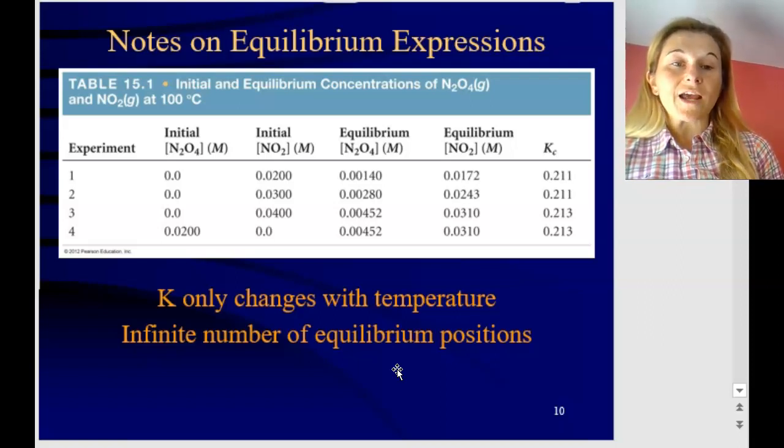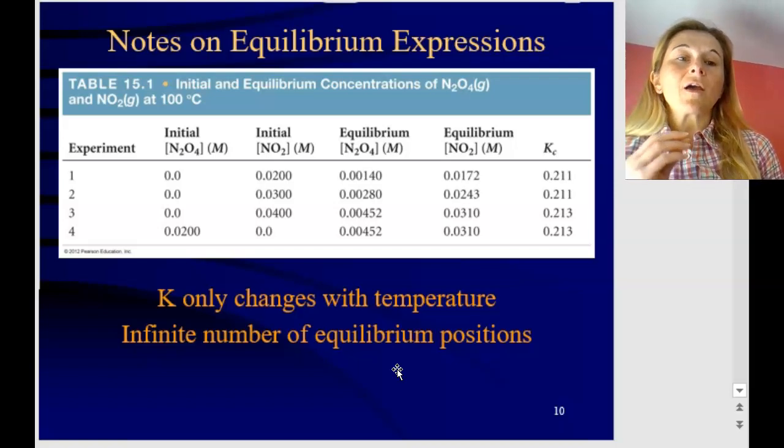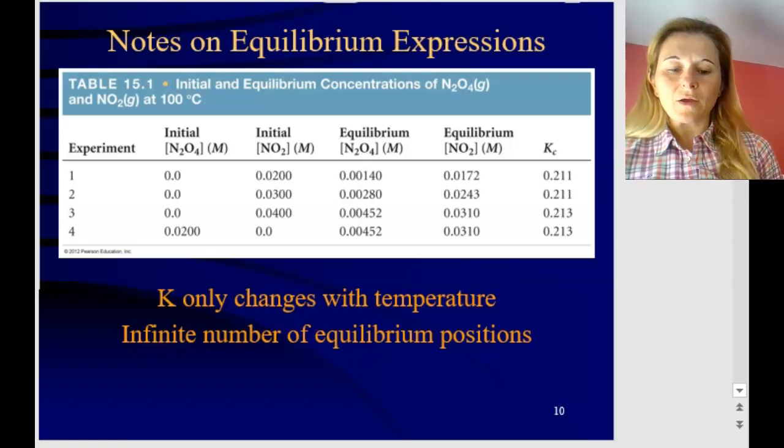But we're going to treat energy either as a reactant or a product, depending if it's endothermic or exothermic. And that is going to change our equilibrium expression. More on that later. But anyway, concentration does not change the equilibrium constant.